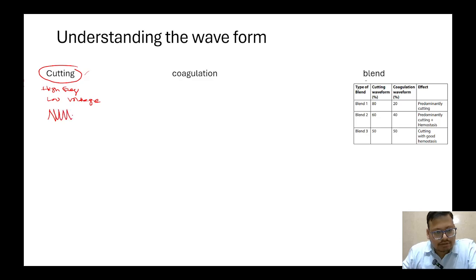This is high frequency and low voltage, and this is sinusoidal AC current, continuous. When continuous current passes into the tissues, there will be production of steam in the ICF. The ICF fluid will vaporize to produce steam.